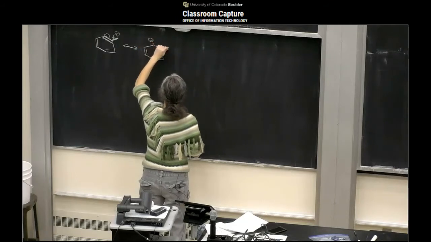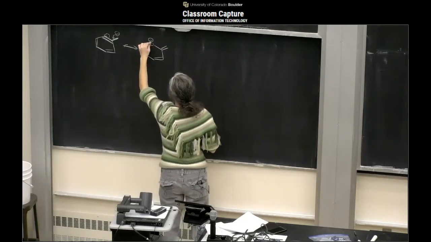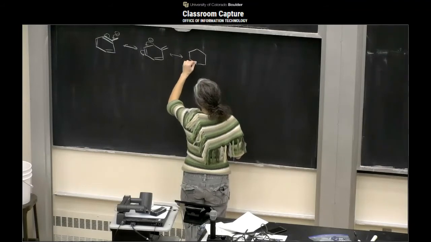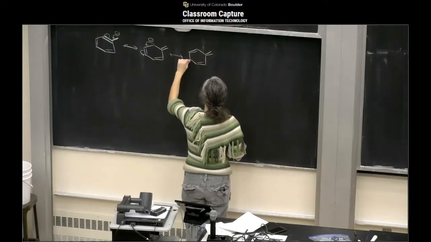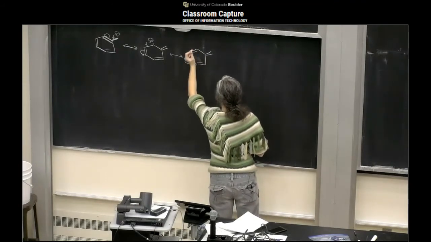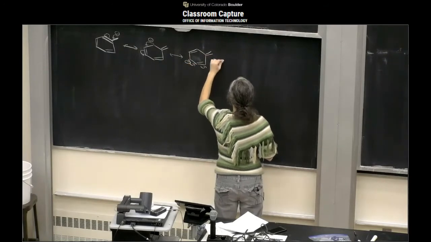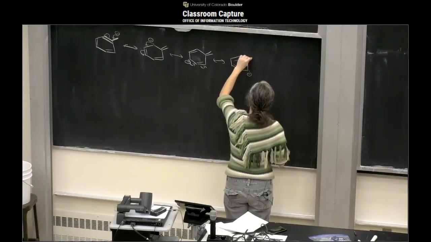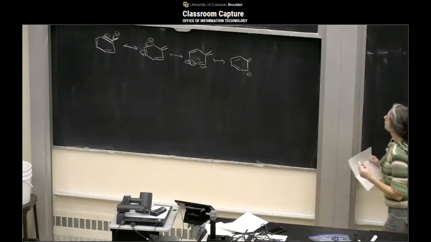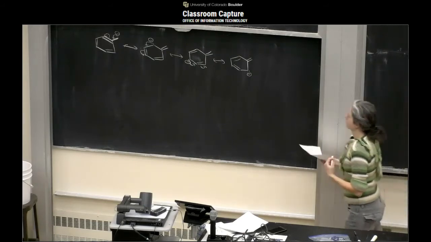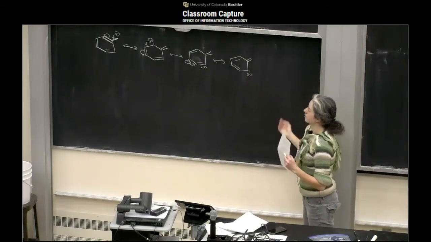Puts us there, there, or there. Okay, so again, same four possible locations for the charge. It's just the arrow pushing looks a little bit different, or quite different, because we're moving around an excess of electrons rather than a shortage of electrons.